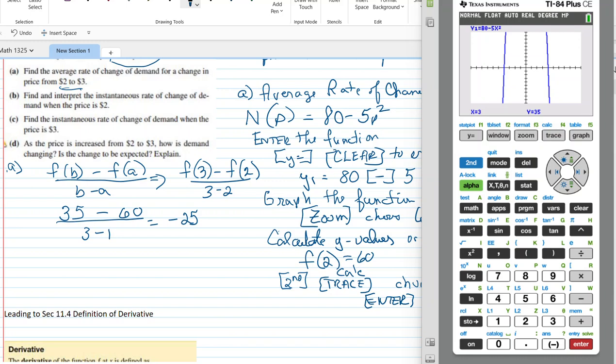It means that the demand or costs change from $2 is a reduction of 25 boxes. So, loss of money, because it's money.